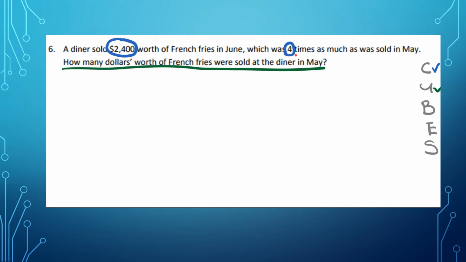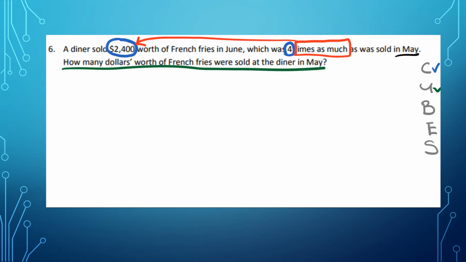I see the words times, but I need to be careful because this can be tricky. When we see 4 times as much, that tells us that that bigger number is the biggest number in the problem. We're not multiplying here because that would mean that our answer would have to be the biggest number in the problem. But here, the 2,400 is the biggest, and it is 4 times as much as sold in May.